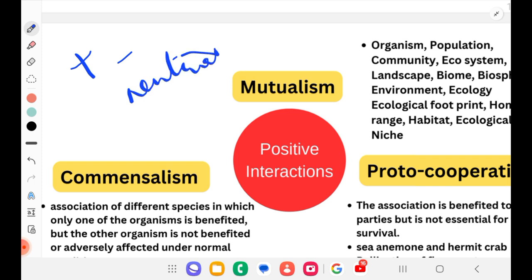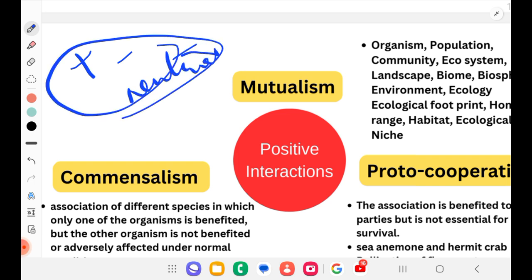If you take positive, see this chapter is important in the view that they'll give you one of the statements, then they'll ask you if it is an example of mutualism or commensalism or proto-cooperation or amensalism, like that.